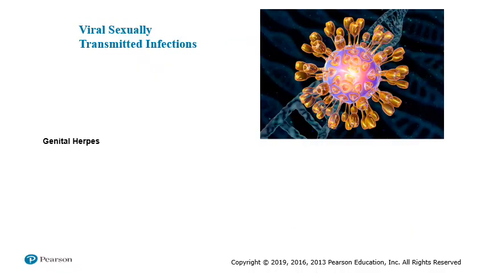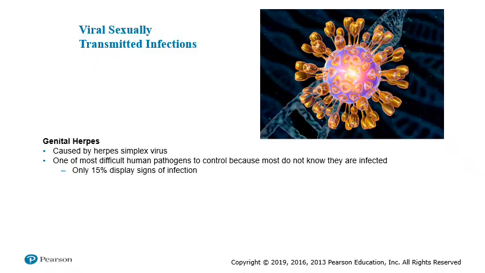Then we have genital herpes. It's caused by herpes simplex virus, one of the most difficult human pathogens to control because people who have this will not know that they are infected. Only 15% would display signs of infection. It is characterized by lengthy latent periods and then would flare up with vesicle formation.